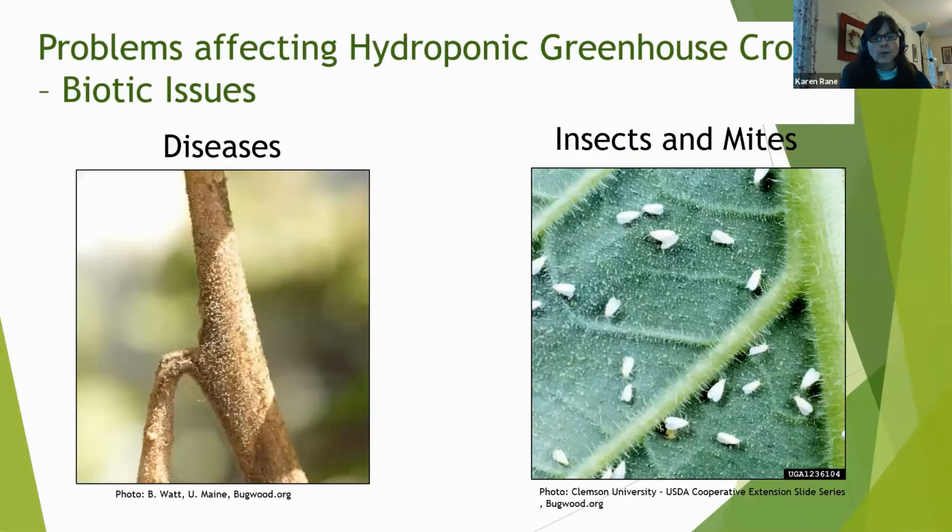But we also have those biotic issues. And as a plant pathologist, the ones that are near and dear to my heart are the plant diseases. Those are the problems that are caused by microorganisms, fungi, bacteria, and viruses. And we also have the group of arthropods like insects and mites that can cause problems. And those two groups combined make those biotic or living issues that cause problems affecting greenhouse crops and any crop really.